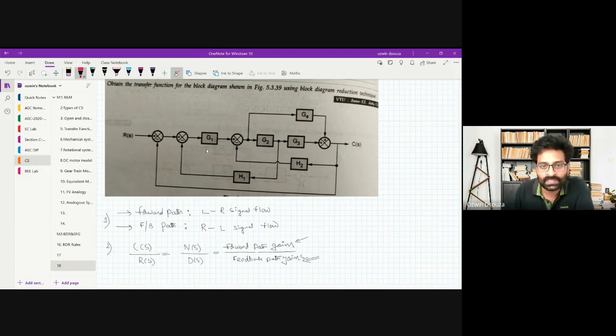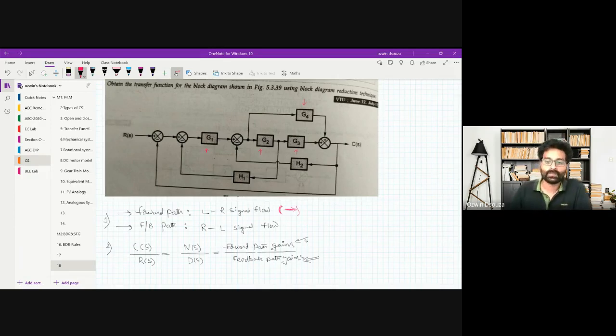So these are the elements of forward path. The pink color I have used to identify the forward path elements, and for the feedback path you are going to have the forward path elements as well as the feedback factors. That we will consider a little later.